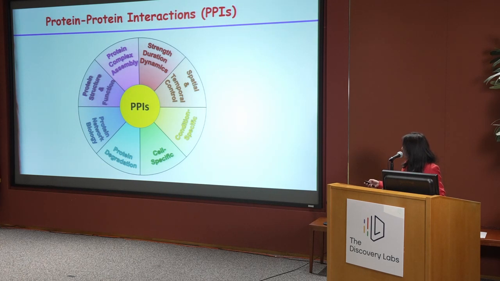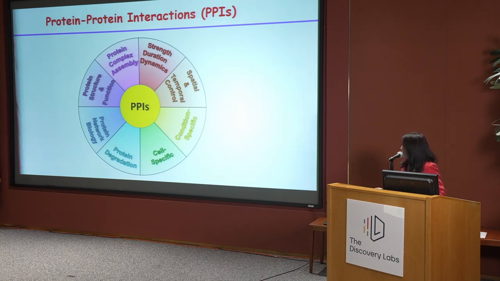Protein-protein interactions are also defined by different parameters. They can be defined by strength, such as strong and weak, and also duration, stable and transient, and also whether the interactions are dynamic or not. They are spatially and temporally controlled.